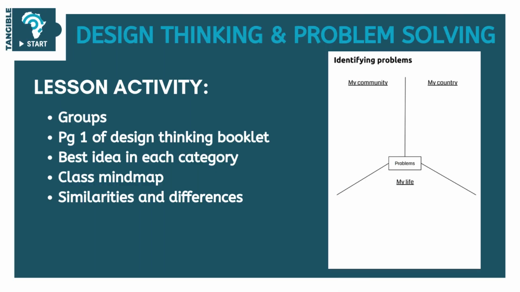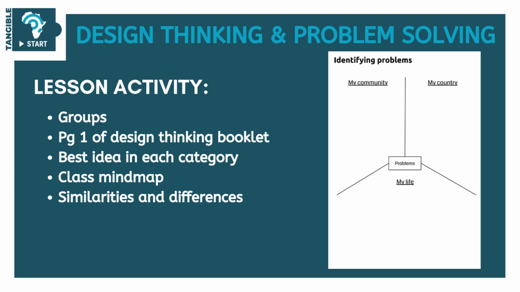Once you've had the initial discussion, you can send learners off in their groups with a worksheet from the design thinking booklet. On this worksheet, they need to identify problems in their lives, in their community, and in their country. While they're working, you can walk around to get them to share some ideas with you.